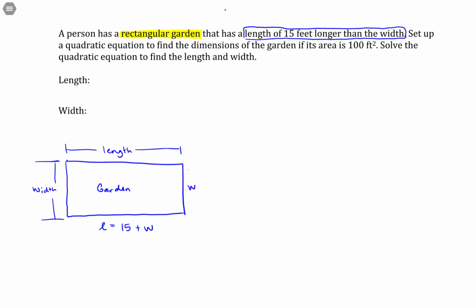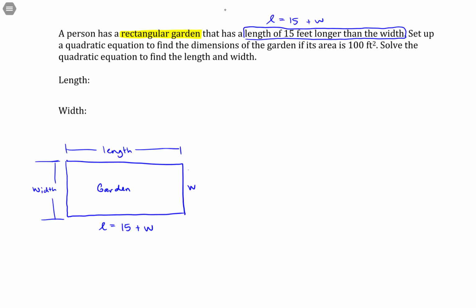So the thing about scanning for numbers, it doesn't usually work because you're not always scanning for numbers, you're scanning for formulas. So we have, the length is 15 feet longer than the width. There's a formula that you can work with, and it's just sitting right there. You just have to translate the words into math.